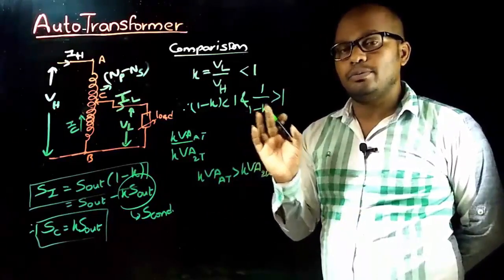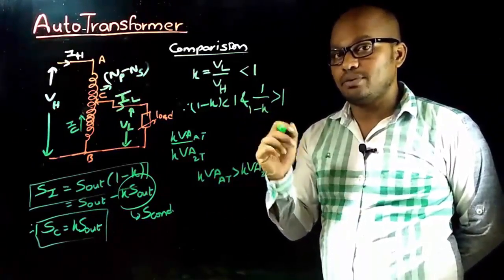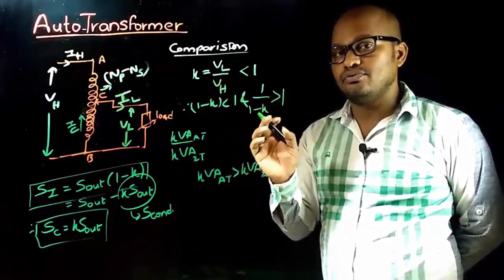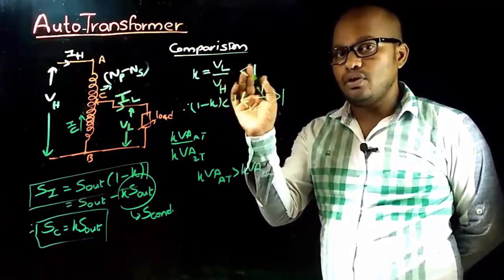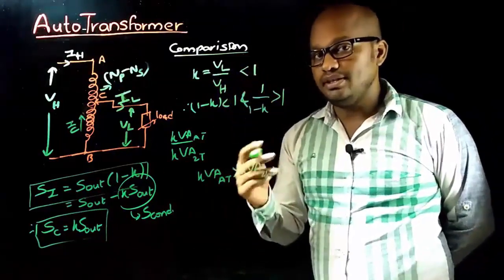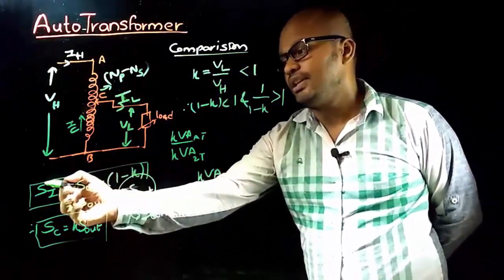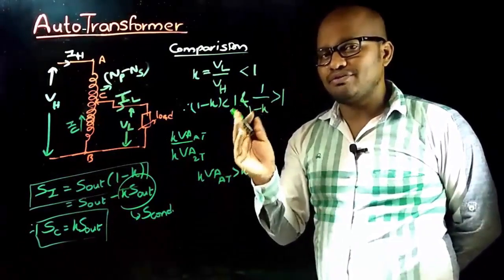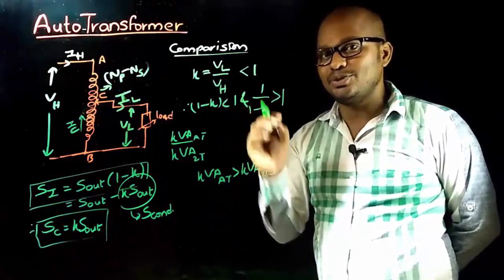And in a numerical problem, if it is given that a two winding transformer is configured as autotransformer and it is asked to find the inductive power of autotransformer, then there is no necessity of calculating the inductive power by using this relation, because the two winding transformer rating itself is the inductive power.